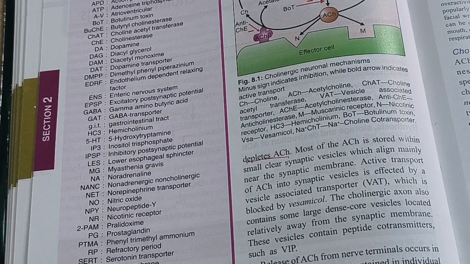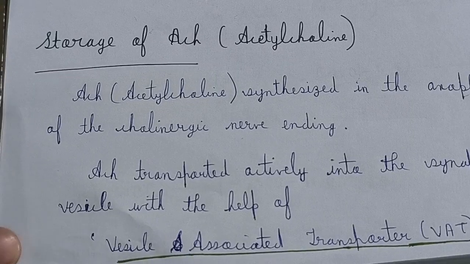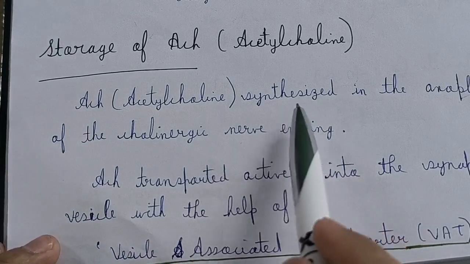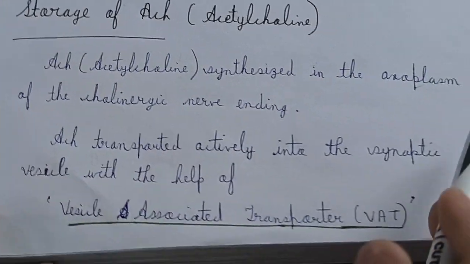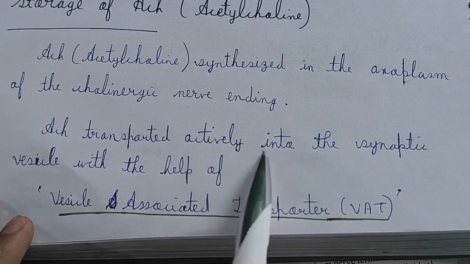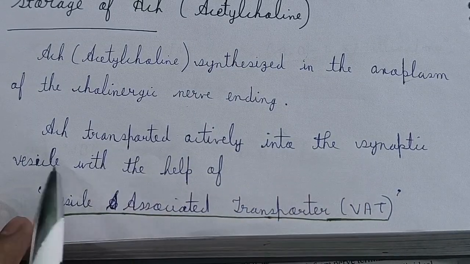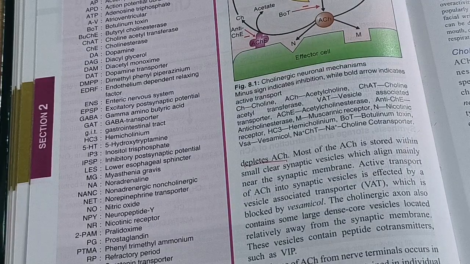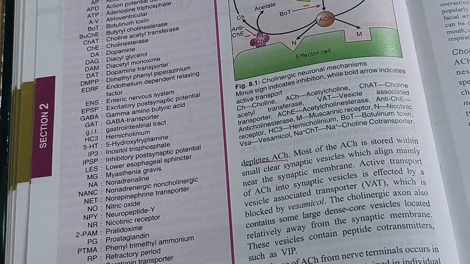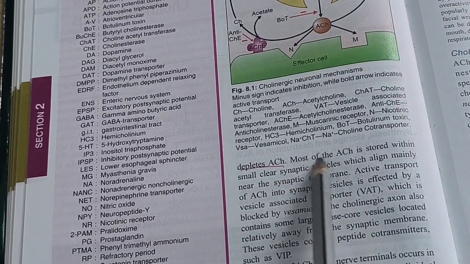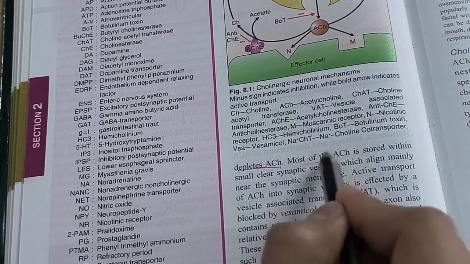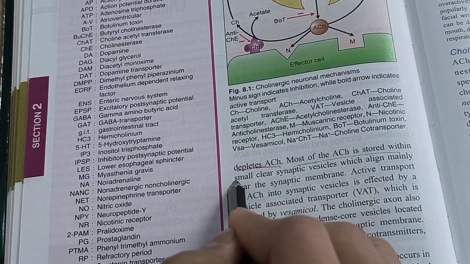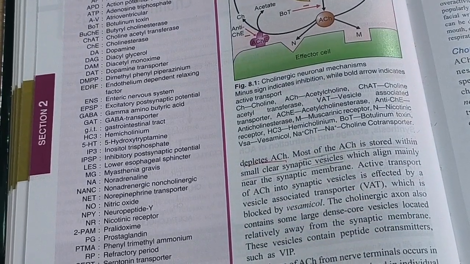As I already mentioned, acetylcholine is synthesized in the axoplasm of the cholinergic nerve ending, but it is actively transported into the synaptic vesicle for storage. Here you can see that most of the acetylcholine is stored within the small clear synaptic vesicles.